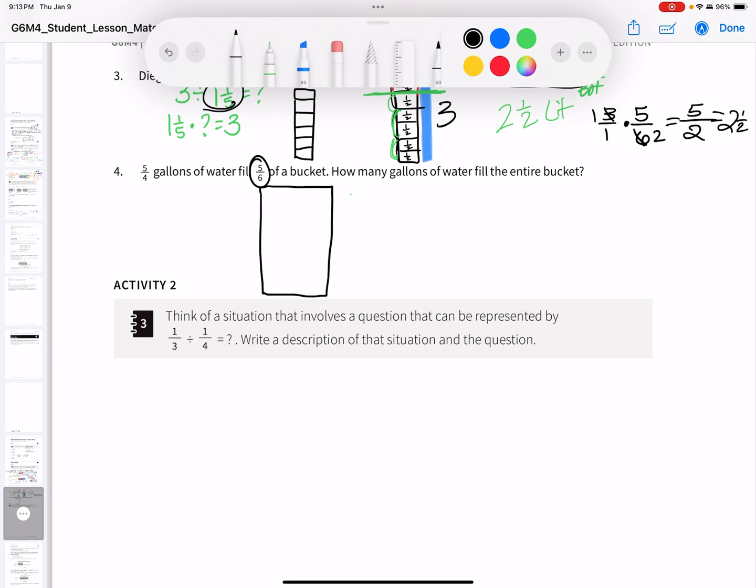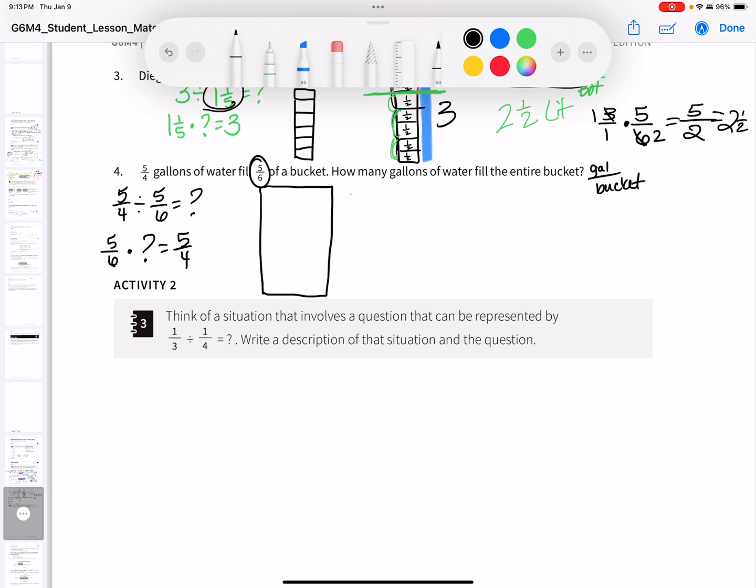So we have gallons per bucket, right? So we have 5/4 divided by 5/6 equal something. So 5/6 times something equals 5/4.